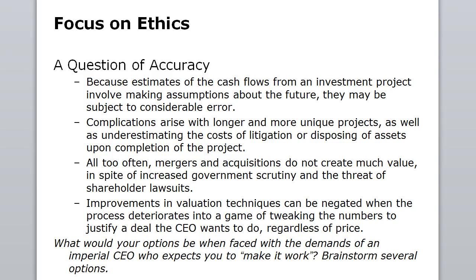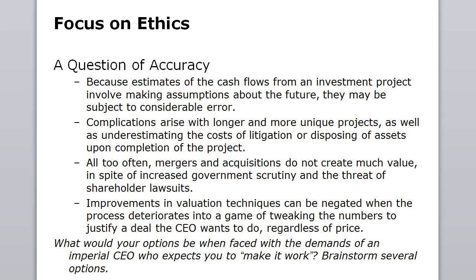And it's very important that when we do capital budgeting there is some sort of accuracy, because estimates of cash flows from investment projects involve a lot of forecasting and a lot of assumptions, and there could be errors.